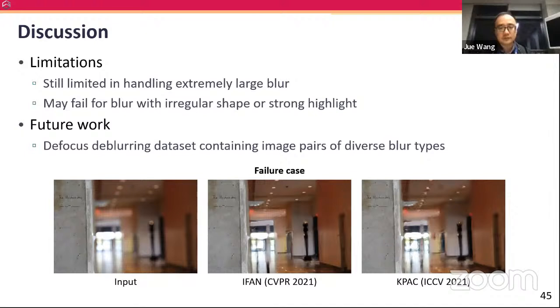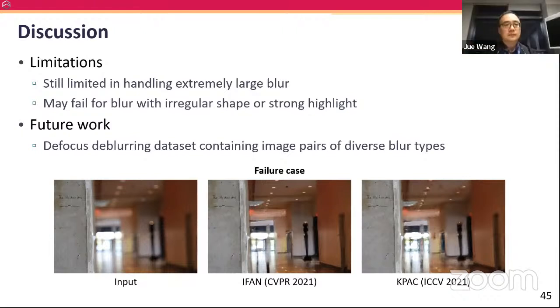And probably, this is my guess, in both cases, the defocus deblur network and the motion deblur network, our trained deep network is trying to ignore the highlight part, because it's better for the network to handle the majority part of the blur, which is not highlight.